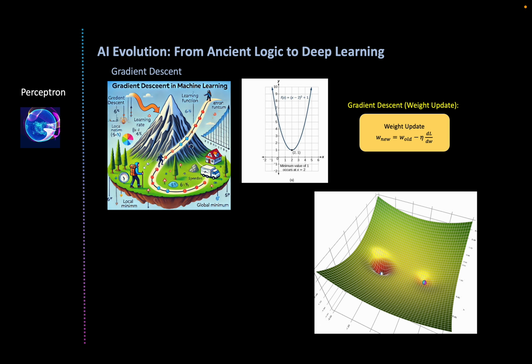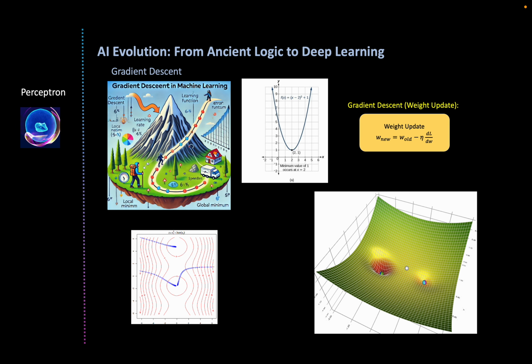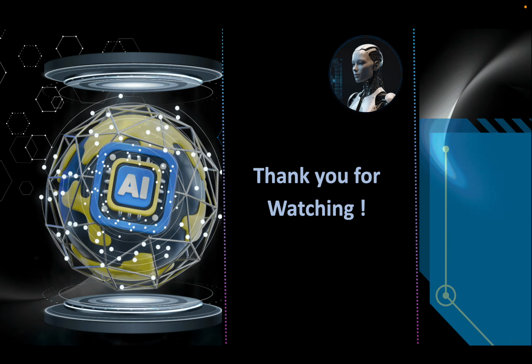This is how the backpropagation algorithm works. This is a 2D contour map. Wherever the starting point is, it slowly moves towards its optimal point, and after some iterations it reaches its final value. This is how the backpropagation algorithm works.